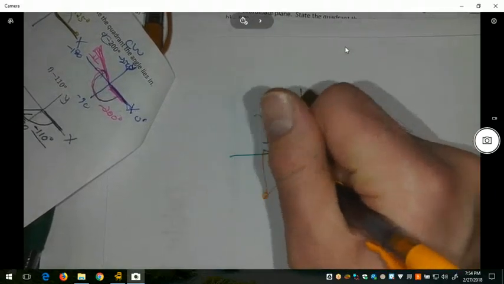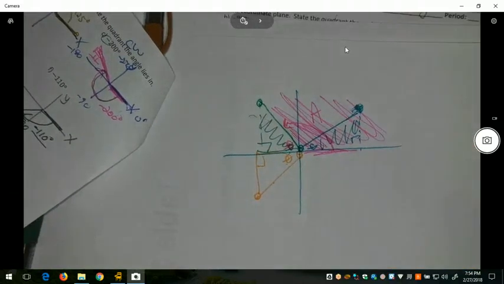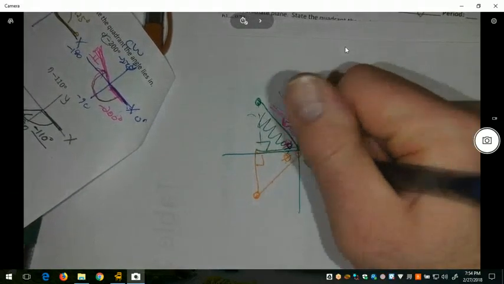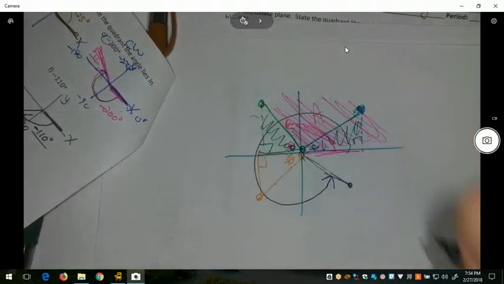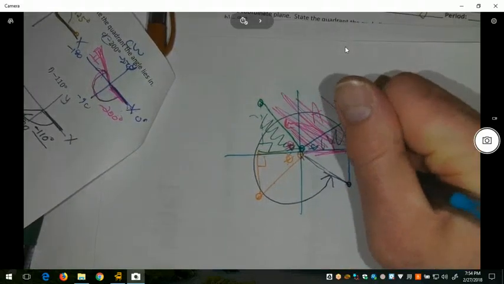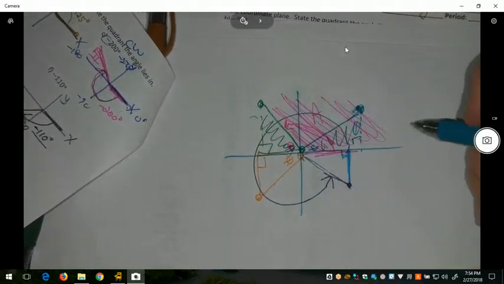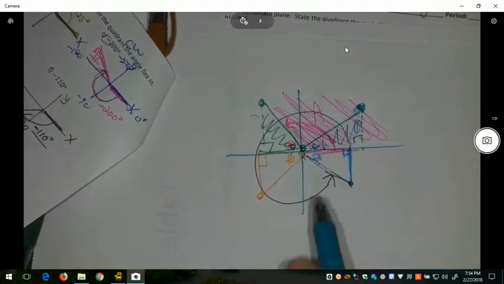So we drop and make a right triangle and use this as our reference angle. And if you're in quadrant 4, well, then you really have problems because now it's more than 270 degrees, right? And you can't use that to solve a right triangle. So we drop this line and we use this as our reference angle. So 4 possibilities.